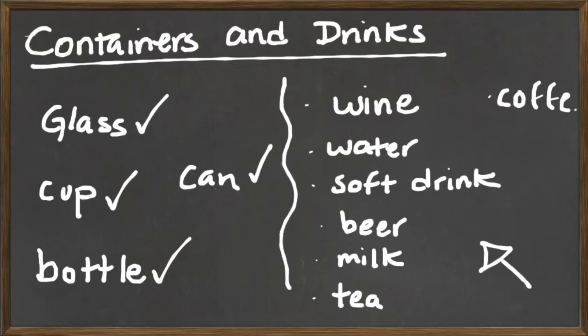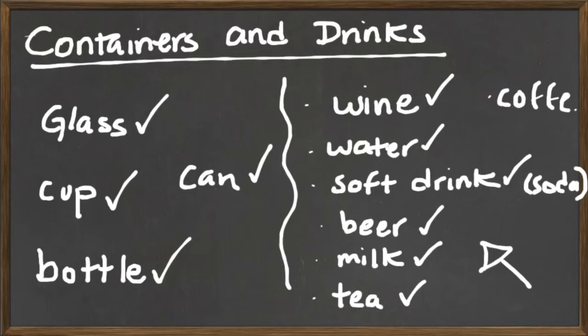And we have some examples of drinks such as wine, water, soft drink. Don't get this wrong, soft drink is a soda. Beer, milk, tea, and coffee. One of the most common drinks we consume on an everyday basis.